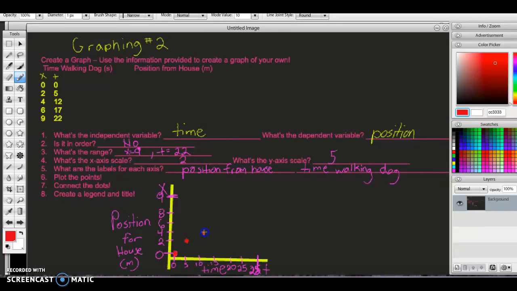So that's going to be here. We have 6 to 17, so that's going to be a little bit above 15. So it's going to be right here. All right, and then 9 to 22 is right here. All right, so connect the dots.